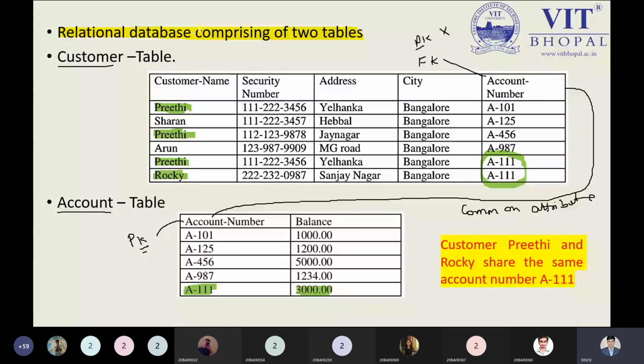What is the key attribute? That is a big question we should have in our mind. Can anyone tell me right now what is the key attribute? The account number we have, but what is the key attribute? What is the definition? Sir, it may be a unique ID or something associated with that data value.